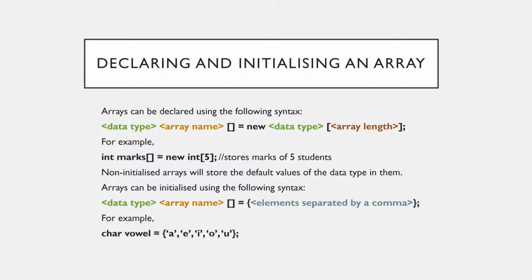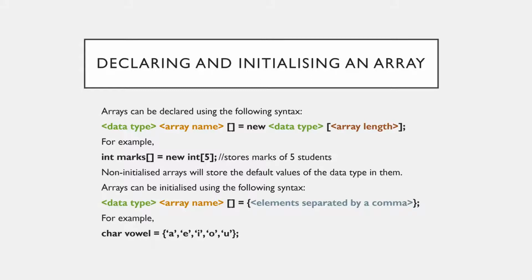Now remember that this array has just been declared. We are not actually storing the elements of the array. This means that the array is non-initialized. Any non-initialized array will store default values of the corresponding data type. For example, I have not initialized this array, and all the 5 elements of the array will hold the value 0, that is the default value of int.